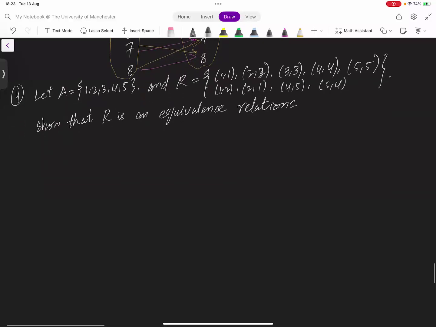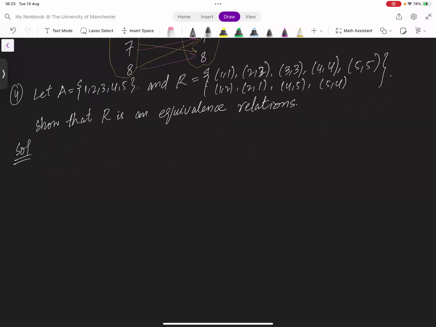To show that, what can we do? We can assume that B is the set 1, 2. C is the set which is 3. And D is the set which is 4, 5.